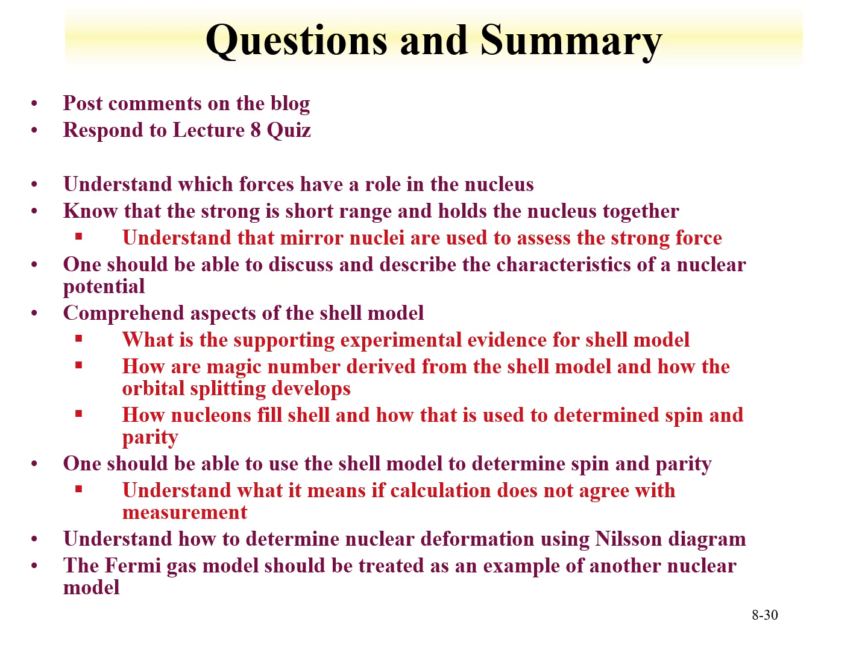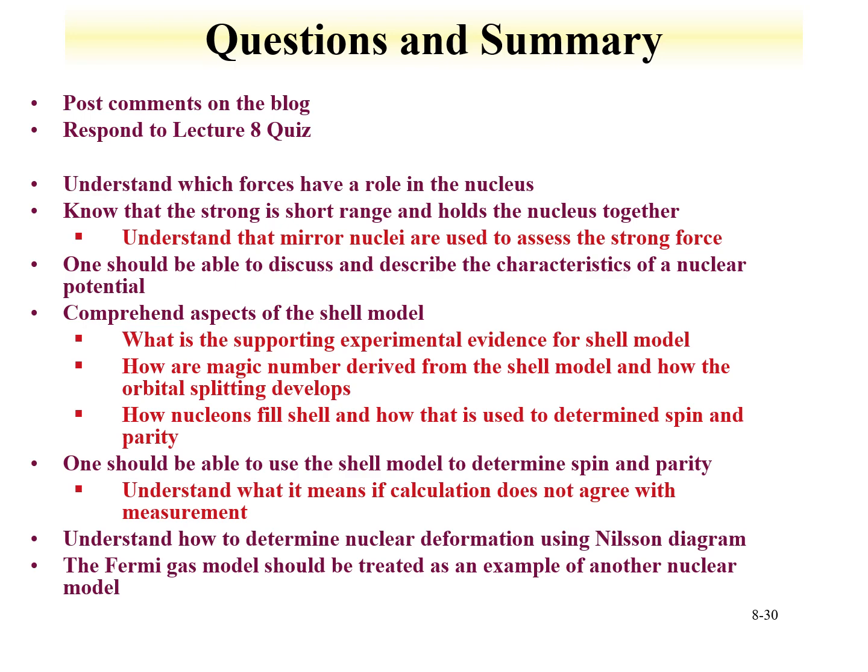You should be able to comprehend the aspects of the shell model. This includes what experimental evidence supports the shell model, how magic numbers are derived, and how the level splitting developed into the shells. You should understand how nucleons fill shells and how this is used to determine the spin and parity of a nucleus.